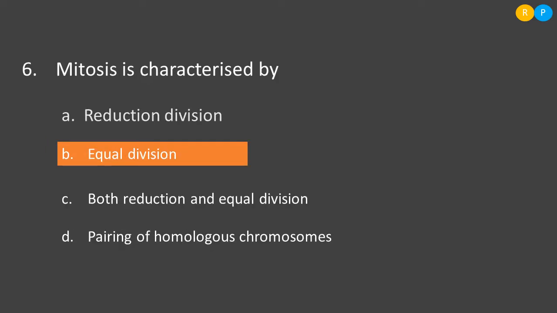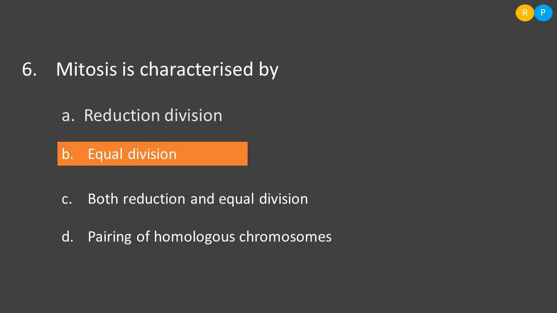Our first question is, centromere is required for. The centromere is the part of the chromosome to which the chromatids are attached. During cell division, the centromere helps to hold the chromatids, and it also helps in the movement of chromosomes towards the poles, because the spindle fibers attach to the centromere region.